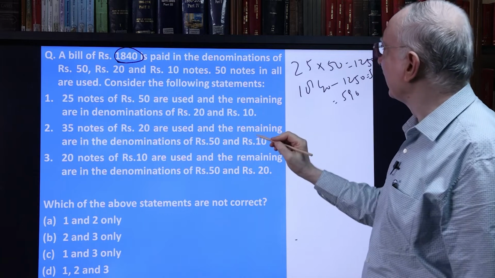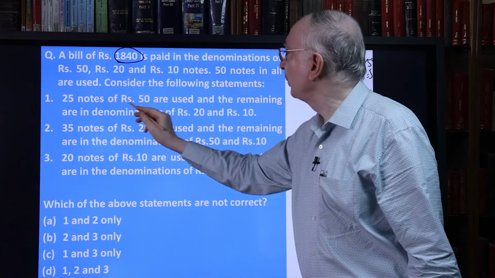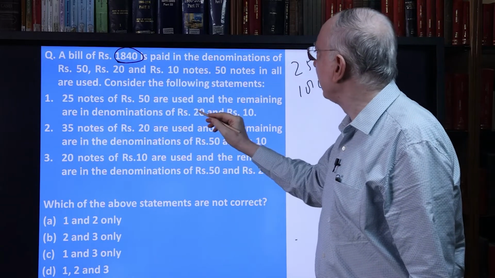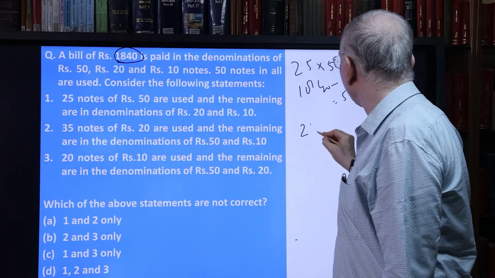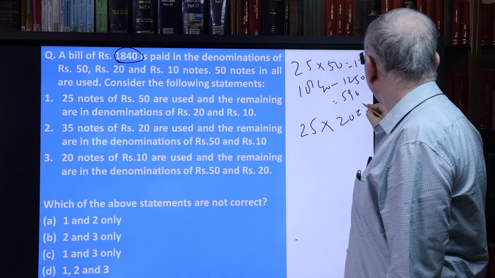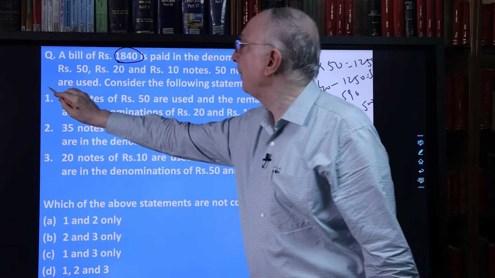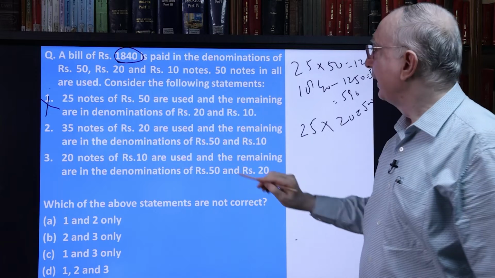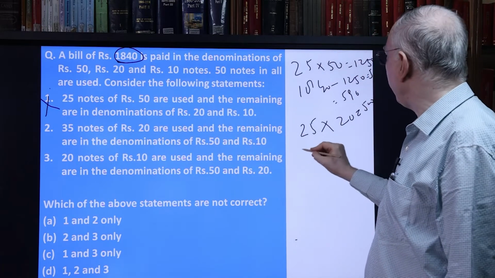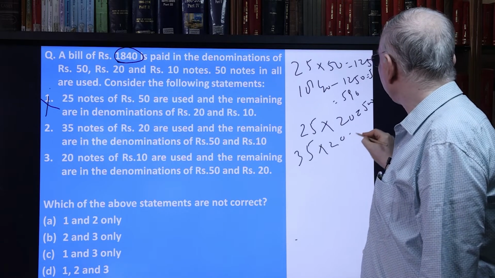Now assuming that the remaining note, because 25 notes are 50, so it means remaining are 25, and if we multiply 25 by the 20 denomination, we get 500, and 500 is less than 590, so this statement is incorrect.